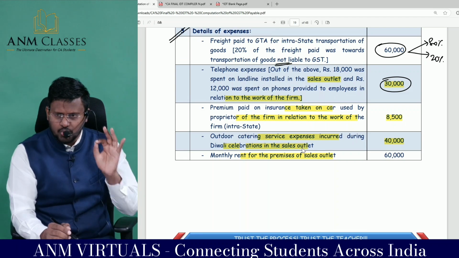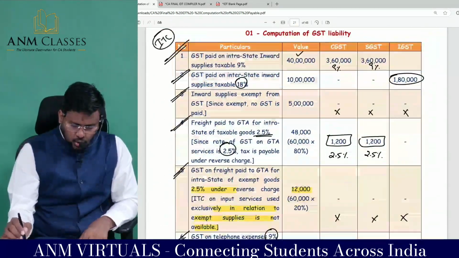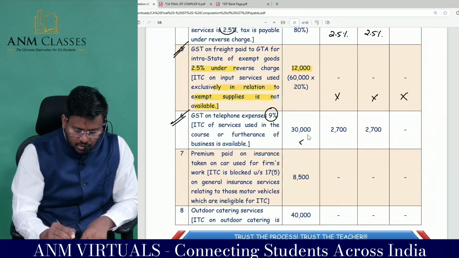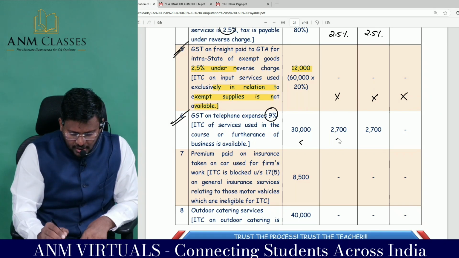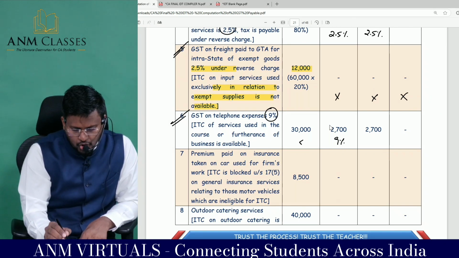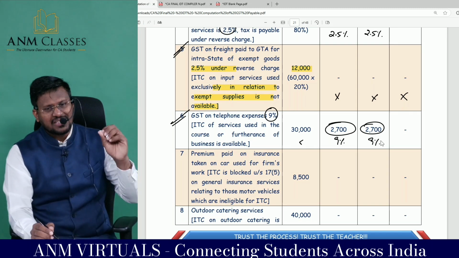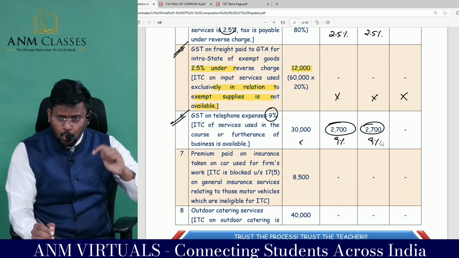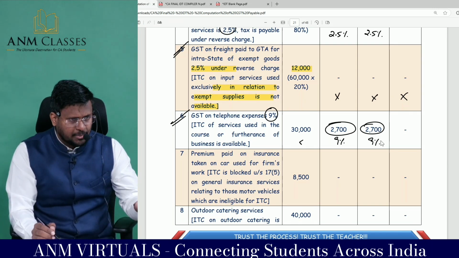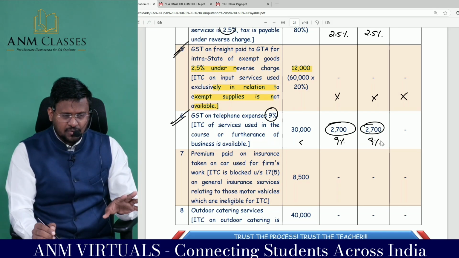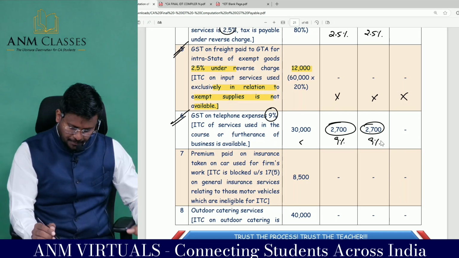Both have been used in the course of business, so you are entitled to claim ITC for 30,000. So 30,000 into how much percentage? 9%, 2,700 and 2,700. Sir, you can claim it as ITC. This amount need not be added to the output tax liability, because this is FCM, not RCM.